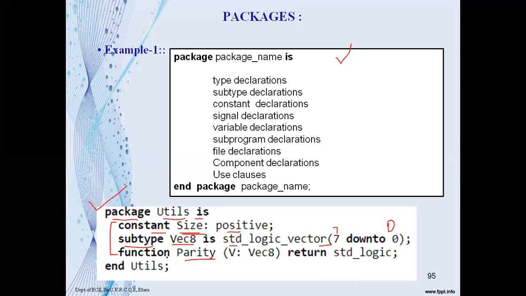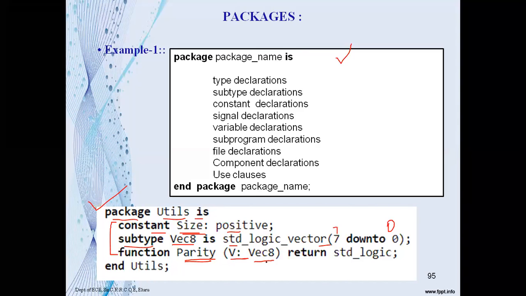A function is a subprogram which returns a specific type of value. Here we are declaring parity as a function, and the parameter of parity is V. V is an object and it is of type vector 8.